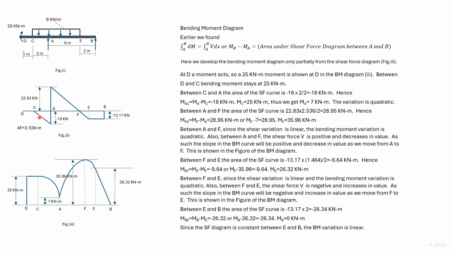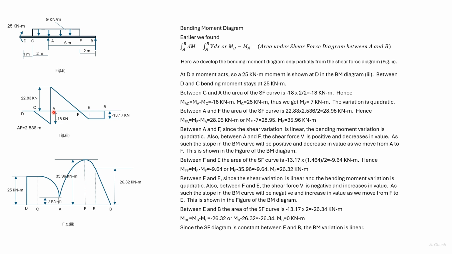This variation in the shear force diagram is linear with the ordinate rising as we move from C to A. So this is the bending moment diagram we get, but the curve is quadratic.